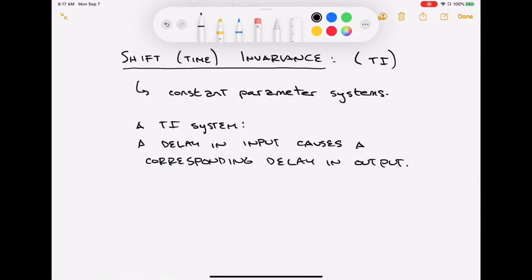This almost seems pretty intuitive, because so many systems that we encounter in real life or in physical systems have this property of time invariance. If I delay an input, it just causes a corresponding delay in the output.